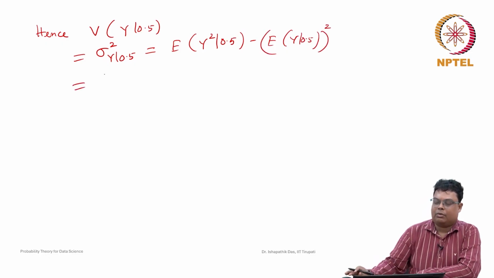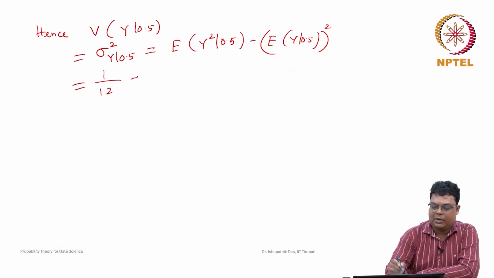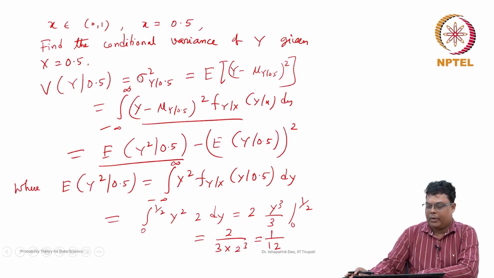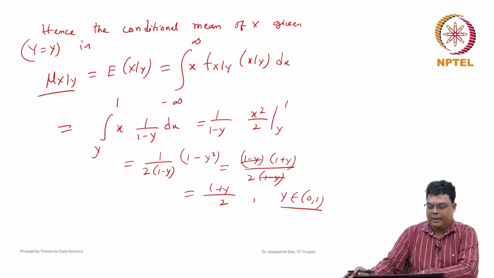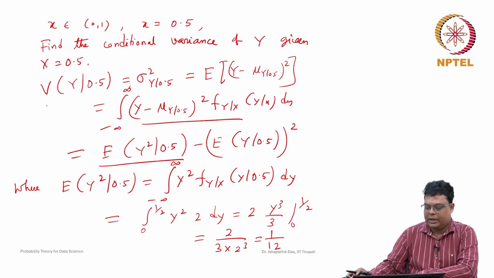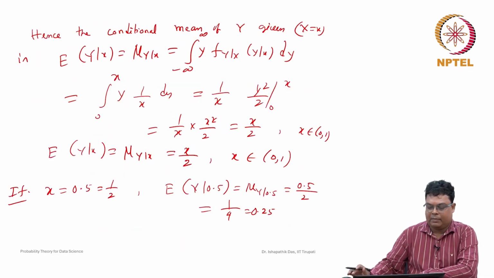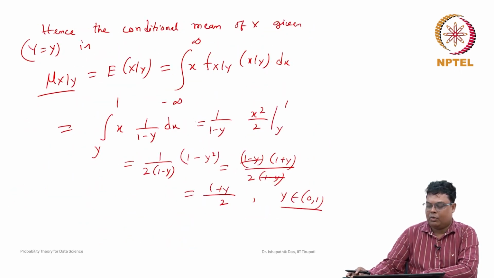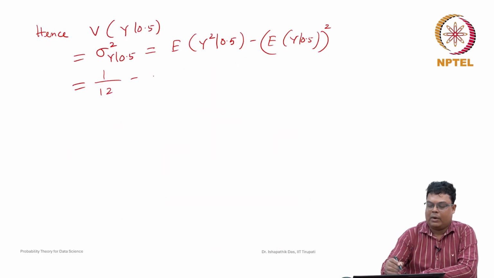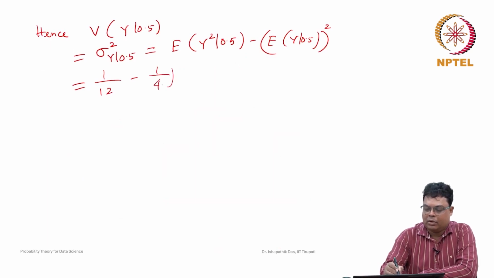Now the expected value of y square given 0.5 is 1 by 12, minus the expected value of y given 0.5, which we computed earlier as 0.25, 1 by 4, whole square.